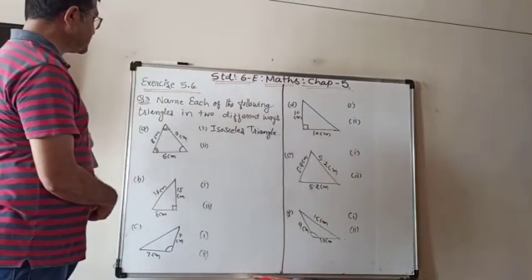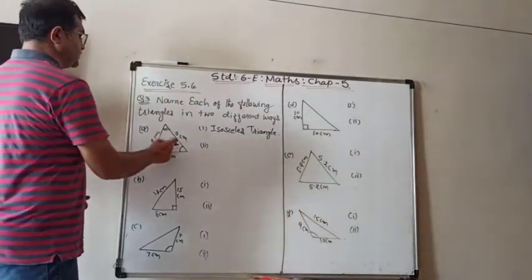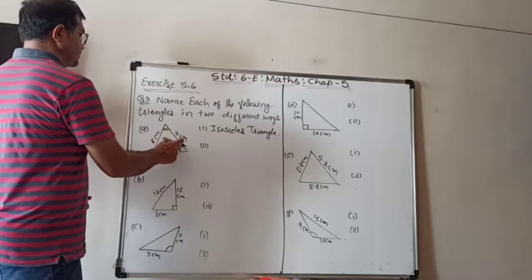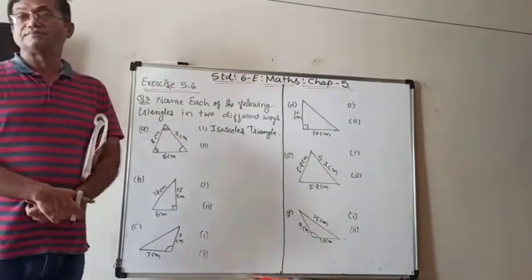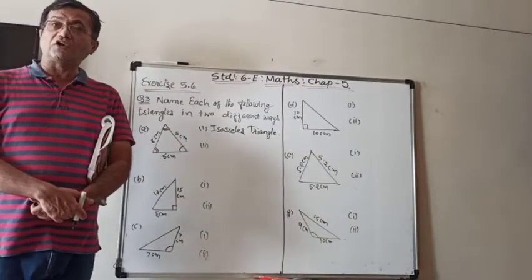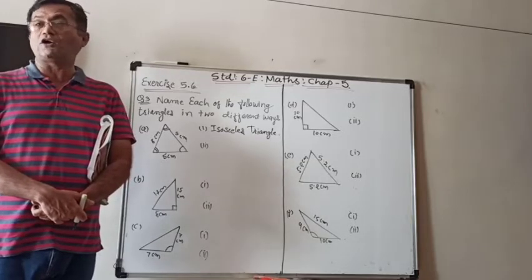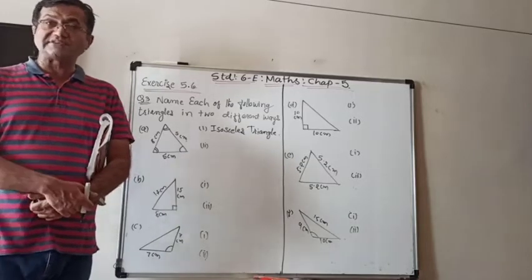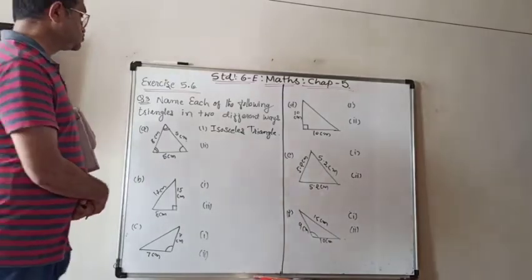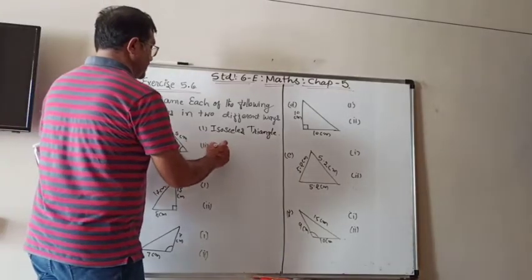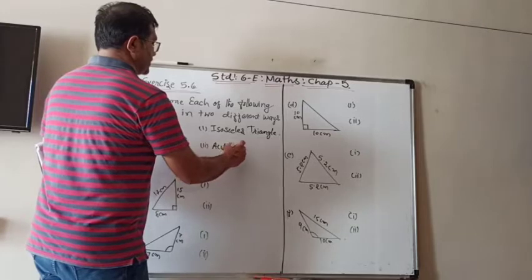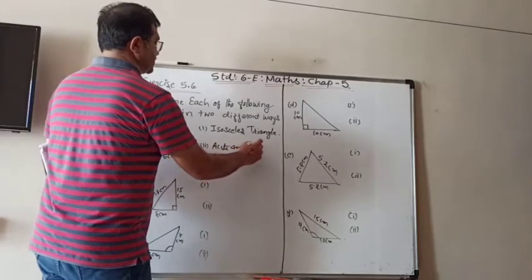and as you can see, all the 3 angles are less than a right angle. None of them is a right angle or greater than 90 degrees, meaning none of them is a right angle or obtuse angle. All angles are acute. So it is also an acute angled triangle.